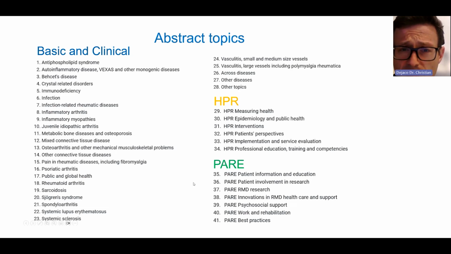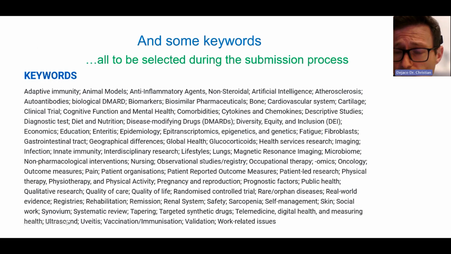And then there's an additional way to subgroup the abstracts a little bit better, which are the keywords. Once you have selected the topic, you submit your abstract, and while you are submitting, you are also requested to add some keywords. Please don't start to read all the individual keywords here. This is, again, just to illustrate that there are many of them.